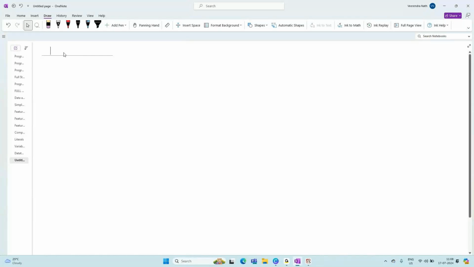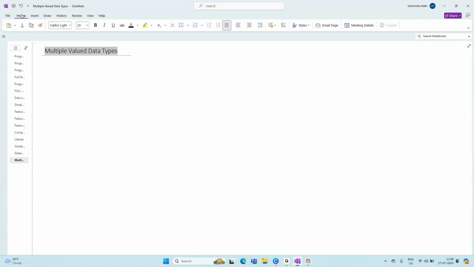Okay, so multiple valued data types. What are the categories that are present? Tell me. The categories that are going to be inside this are what?